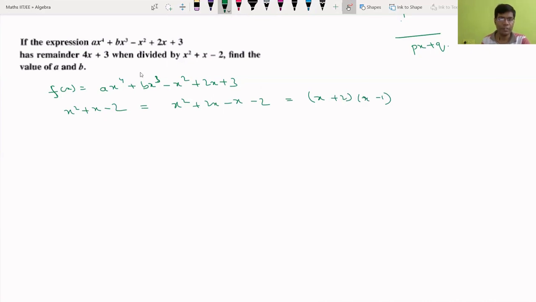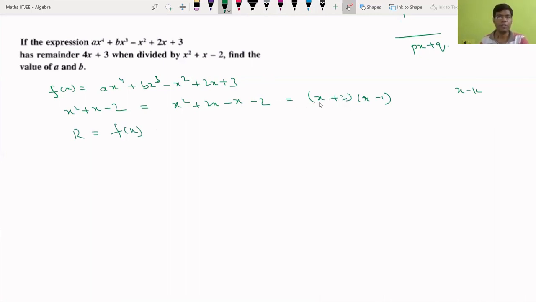We know that if an expression is divided by a linear expression x minus k, then my remainder is f of k. So instead of dividing with both of them, let me divide with one by one.